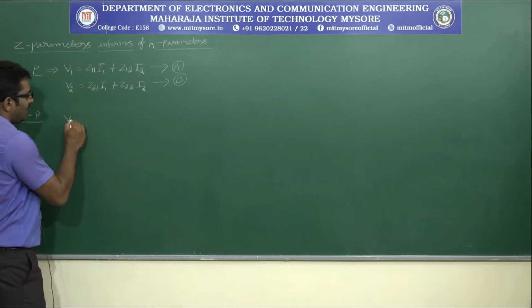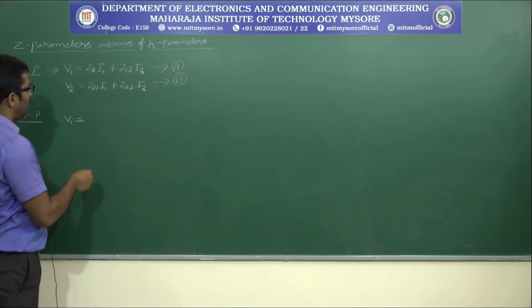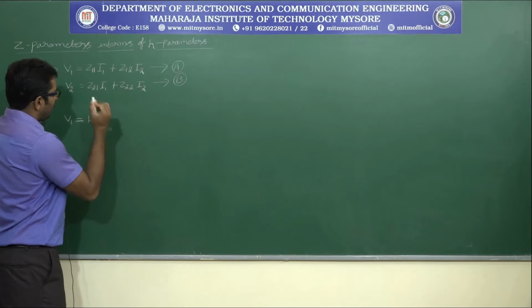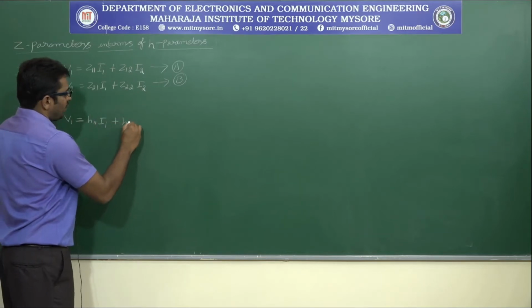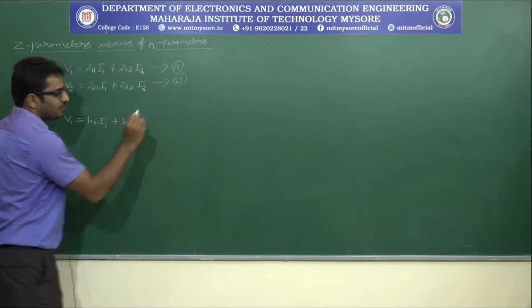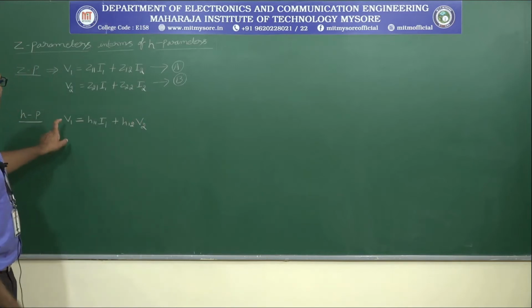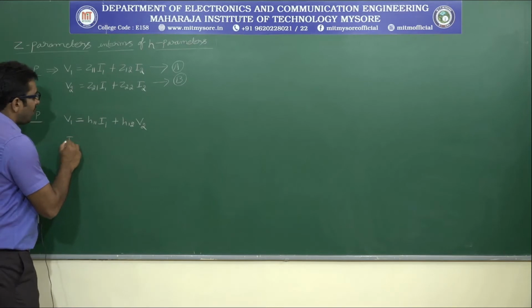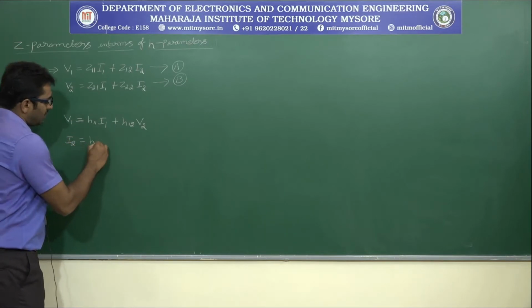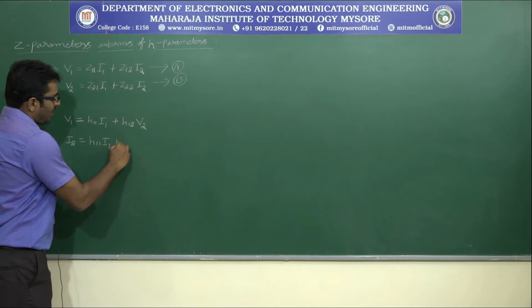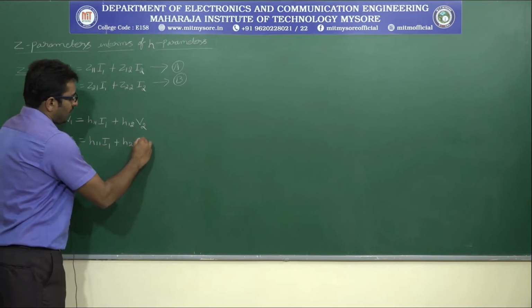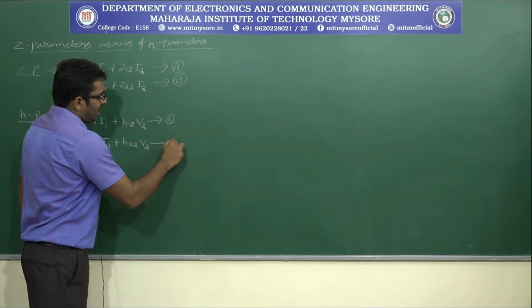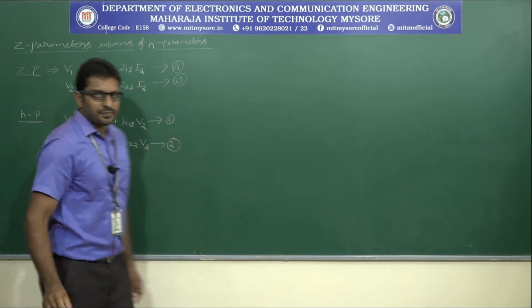In H parameters, V1 is equal to H11 I1 plus H12 V2. Is it clear? Because this is V1 and the next dependent variable is I2. I2 is equal to H21 I1 plus H22 V2, and call them equation 1 and equation 2.